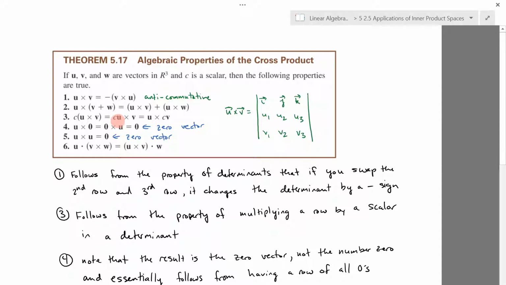If you either multiply u by c or v by c, that's just multiplying either this row by c or this row by c. And again, from the property of determinants, if you multiply a single row by a scalar, it's the same thing as multiplying the whole determinant by the scalar, right? And so that's exactly what property 3 is saying.